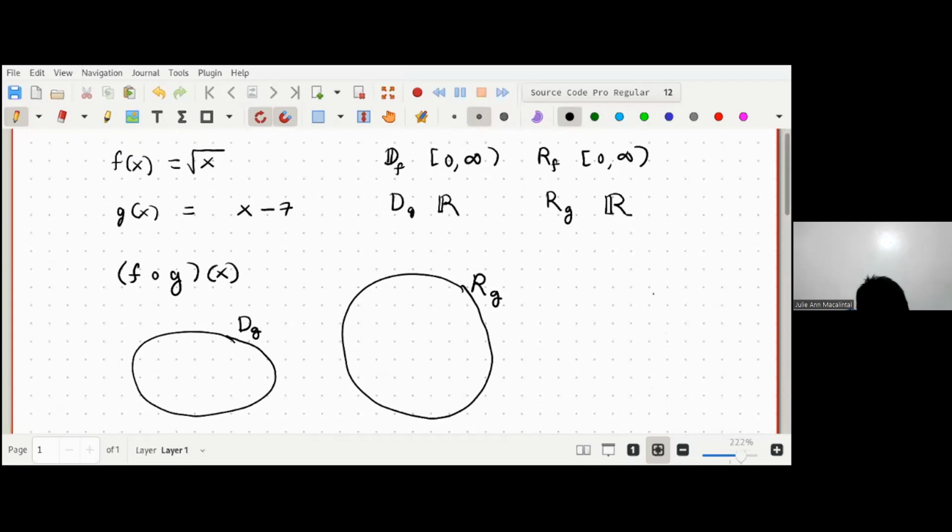Tapos, from there, dadalhin tayo sa yung range ng F circle G. So let's see what happens. So let's say we start with, partition natin yung domain of G into x greater than or equal to 7.